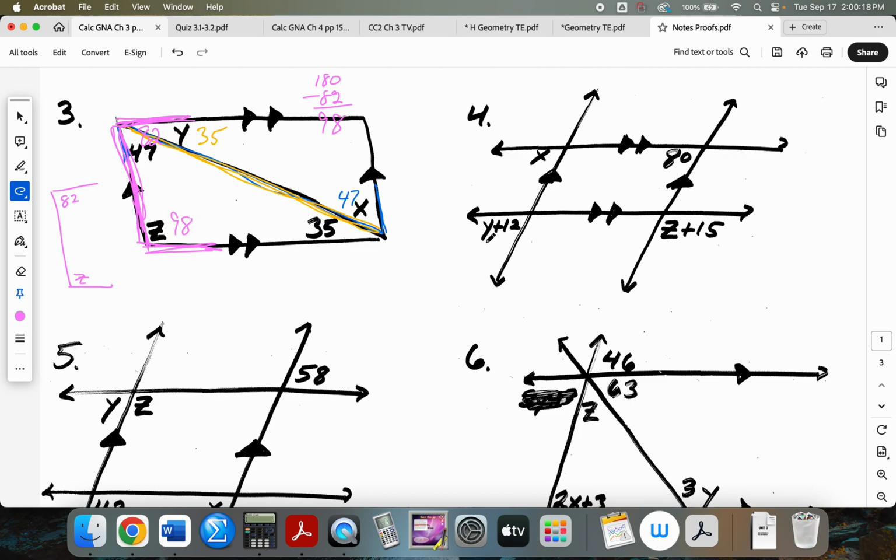There's no number. So that's not going to be helpful. But if I go this way, across the parallel lines, what kind of angles are the x and the 80? Anyone? Corresponding. What's true about corresponding angles when the lines are parallel? They're always congruent. So this is 80.